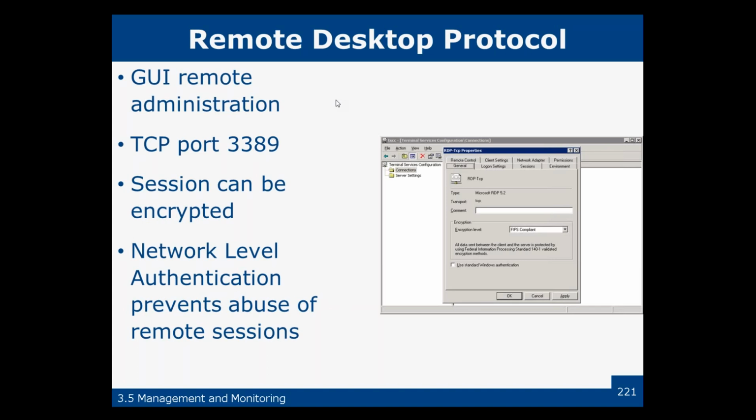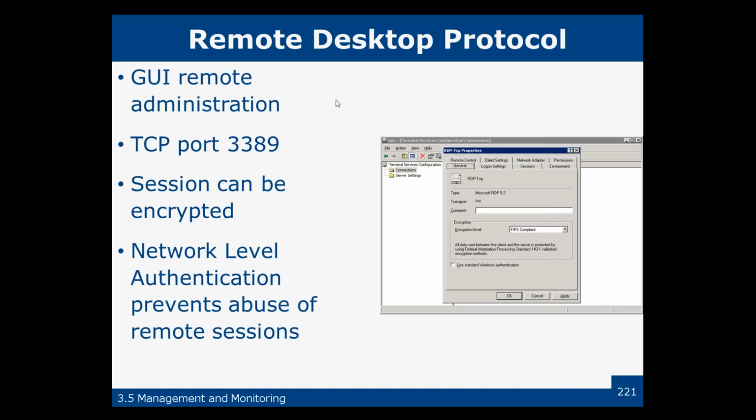These sessions can be encrypted, and network level authentication says that the workstation as well as the user would have to be authenticated, and it just makes it a little more secure, cuts down on some man-in-the-middle attacks, and that is configured on the system itself. Network level authentication means Windows Vista, Windows 7 and above only. That means that if you set this, you couldn't remote desktop from a Windows XP machine.